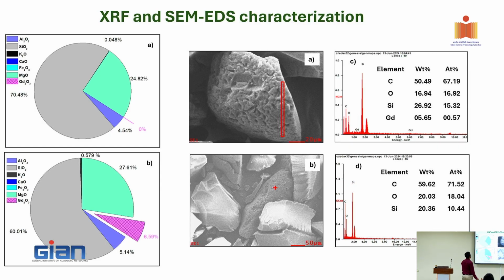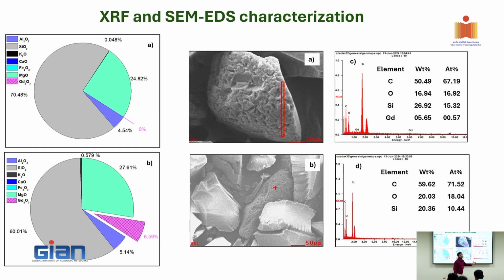You can see the pink color is gadolinium; before adsorption, we didn't have anything. After adsorption onto the media, we recorded around 6.59% of gadolinium on the solid support, the adsorbing material. Very similar results were found using SEM and EDS, where before adsorption it was 0 or below the detection limit, which is 0.57.